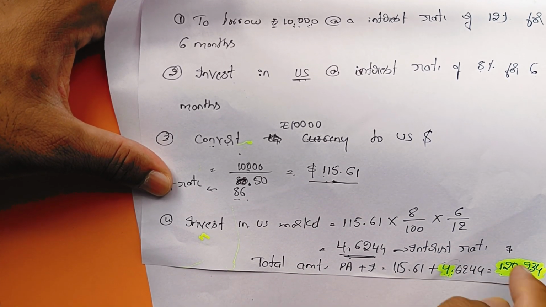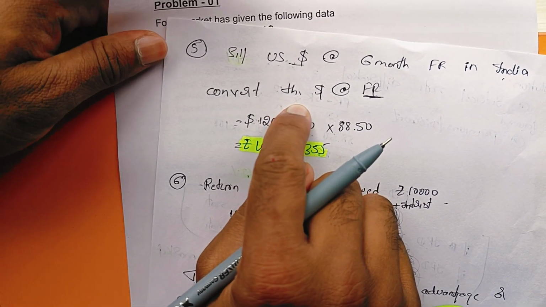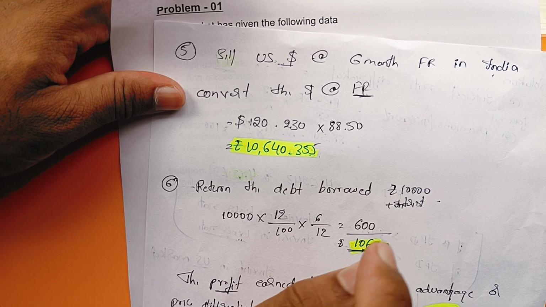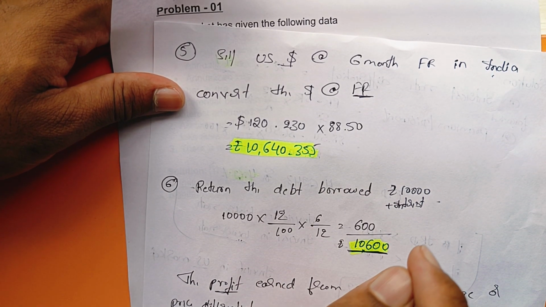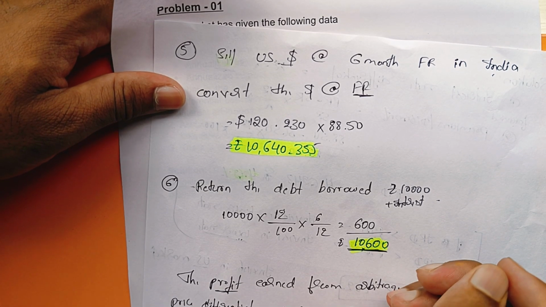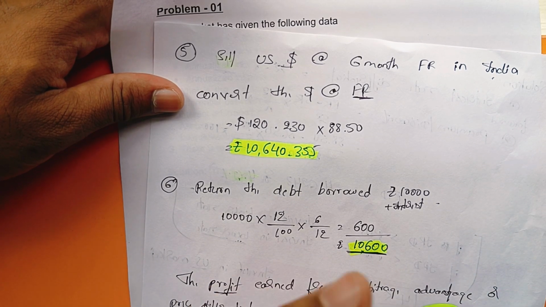Then after taking this amount, we will sell in the Indian market. For every problem the calculation is the same, but the currencies will be different. It might be pound or Australian dollar, or real or yen, or pound sterling or anything. The steps will be the same.